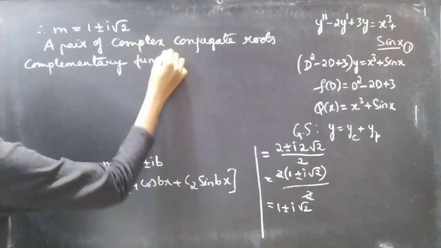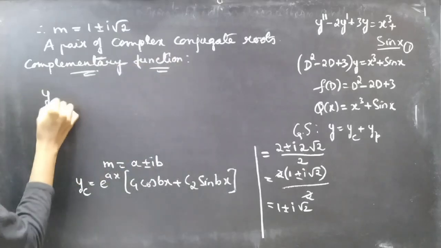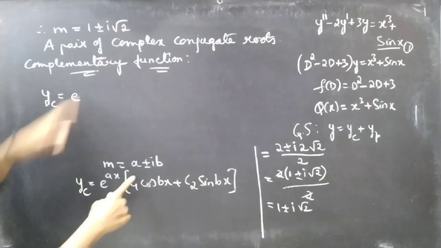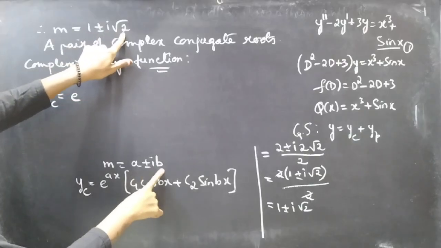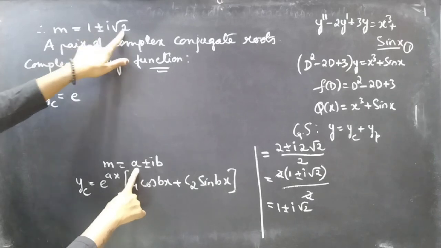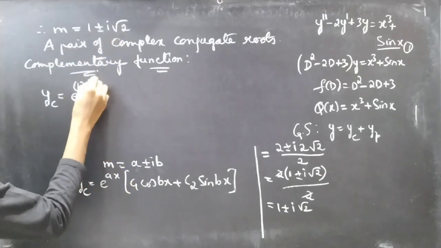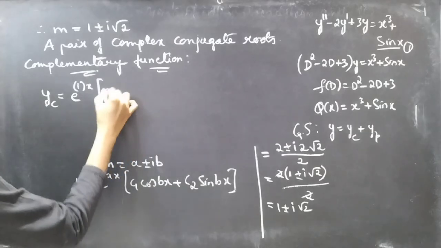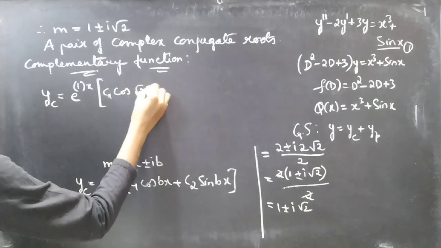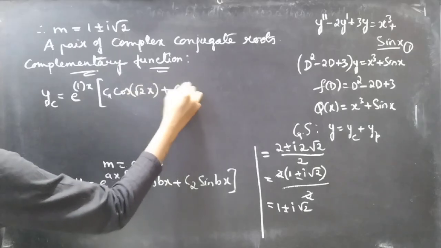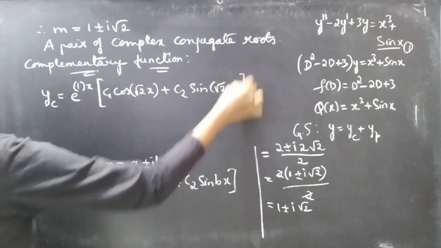Complementary function: yc equal to e power, just compare 1 plus or minus i into root 2 with a plus or minus ib, then for a equal to 1 and b equal to root 2, we'll get e power x into c1 cos root 2 x plus c2 sin root 2 x, right?